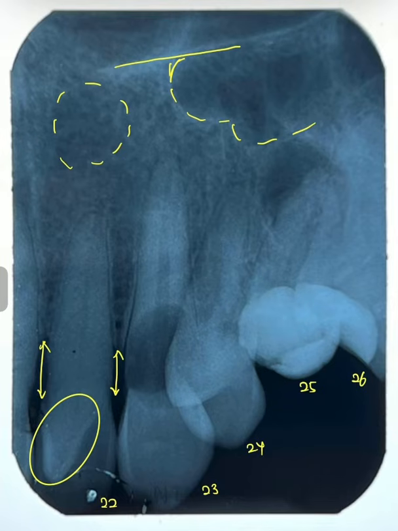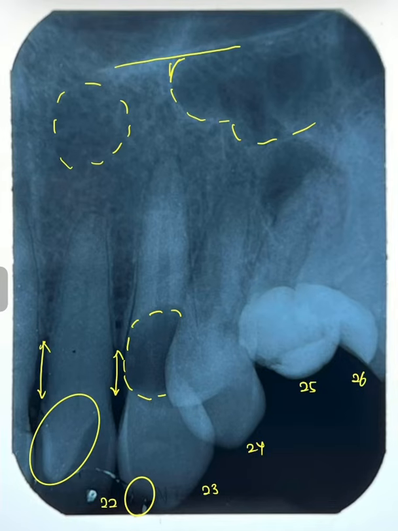For 2.3, a well-defined radiolucency can be noted at the occlusal aspect of the crown involving enamel, suggestive of caries, while at the root of 2.3, there is a well-defined radiolucency at the cervical 1/3 of the root involving the root canal, suggestive of root caries.